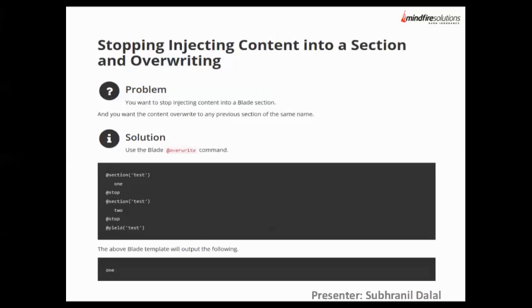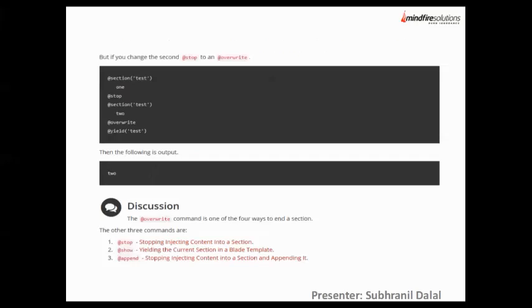Then, stop injecting content into a section and overwriting. Suppose you already have some content in a section, but you want to replace it with different or new content. How can you do it? If you want to override the content of a section, there is a function called override.